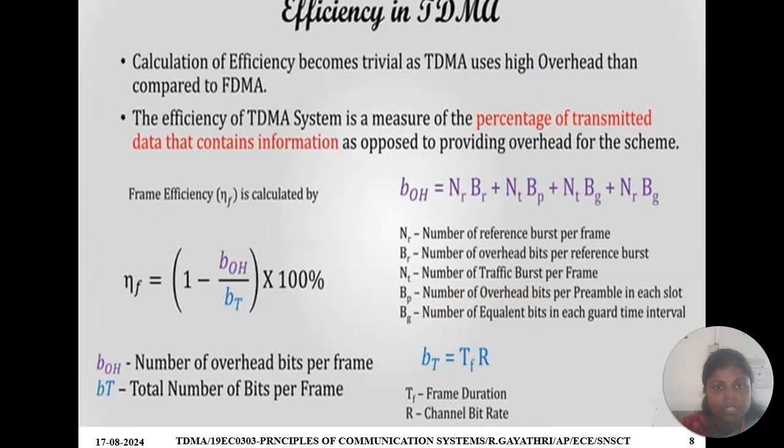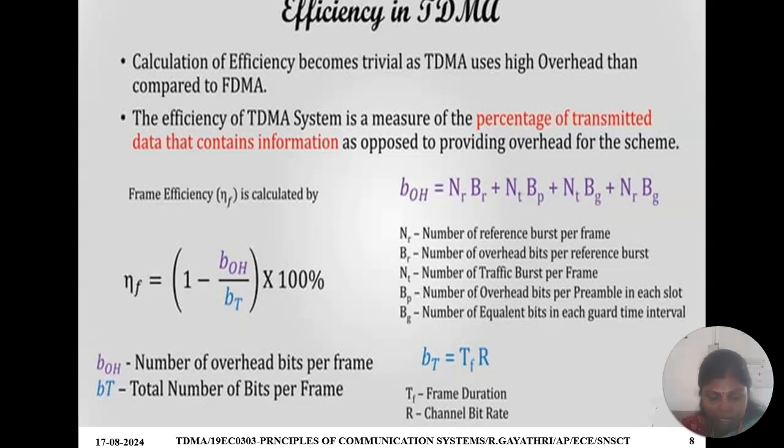Then coming to the efficiency in TDMA, the calculation of efficiency becomes important as TDMA has higher overhead than FDMA. Efficiency is calculated by ηf = (1 - BOH/BT) x 100%, where BOH is the number of overhead bits and BT the total number of bits.